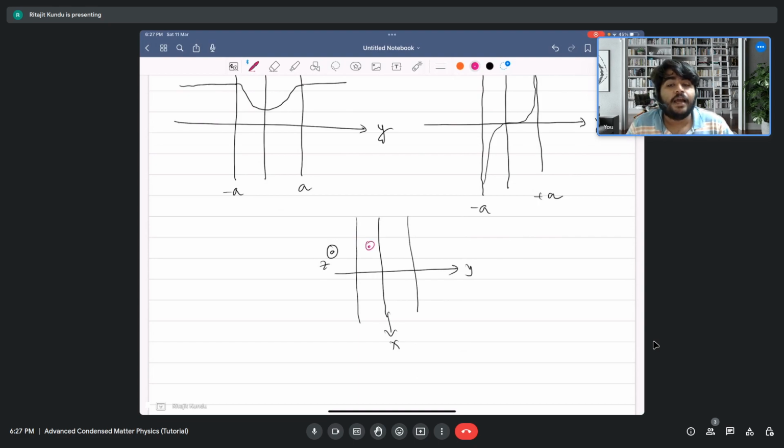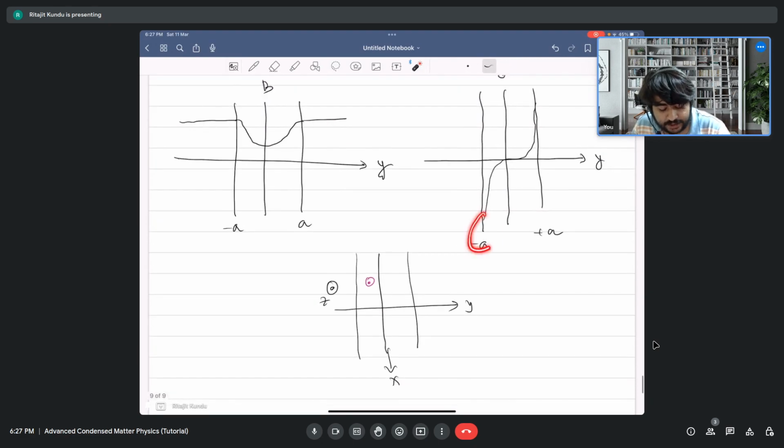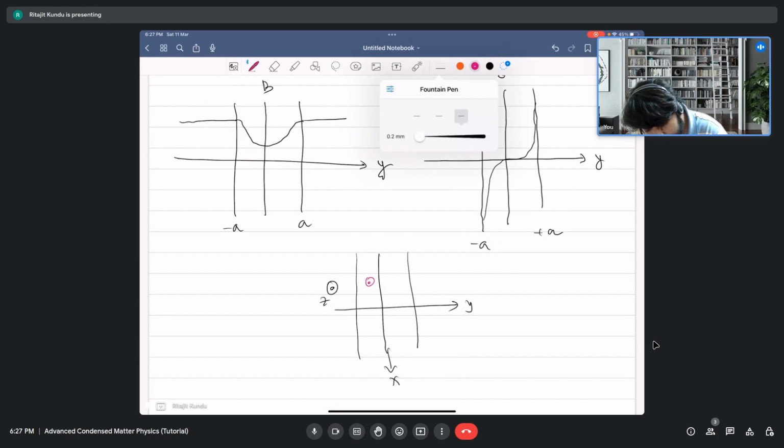And for the current, you see that at y equal to minus a, the current has a negative direction. That means on the left hand side, the current will be in this negative direction.